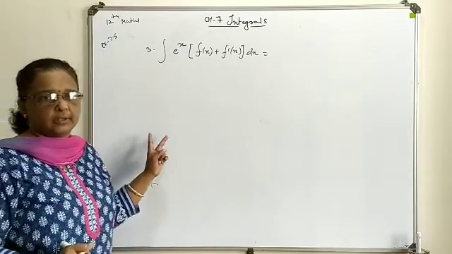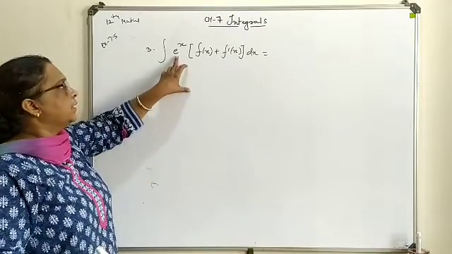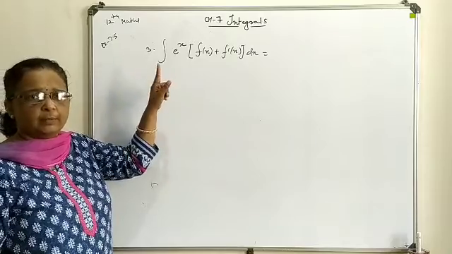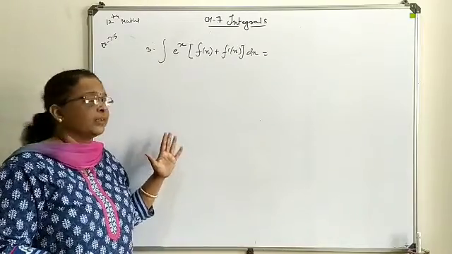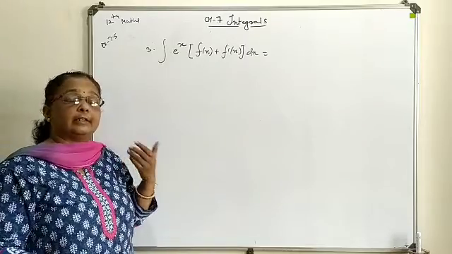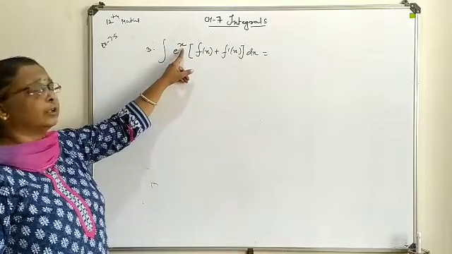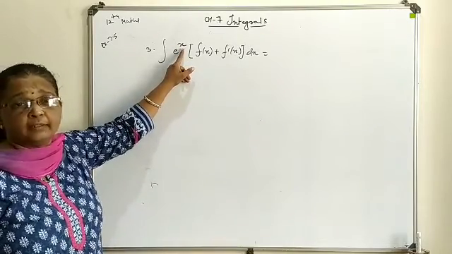Now here two things are compulsory to implement this theorem form. First of all, in e power x, the multiple of x should be 1 only, not plus, not minus, and not even a fractional form. If it is not available and it is possible to get it, convert your question into that frame. First of all, go for removal of this multiple of x and then you can implement it.